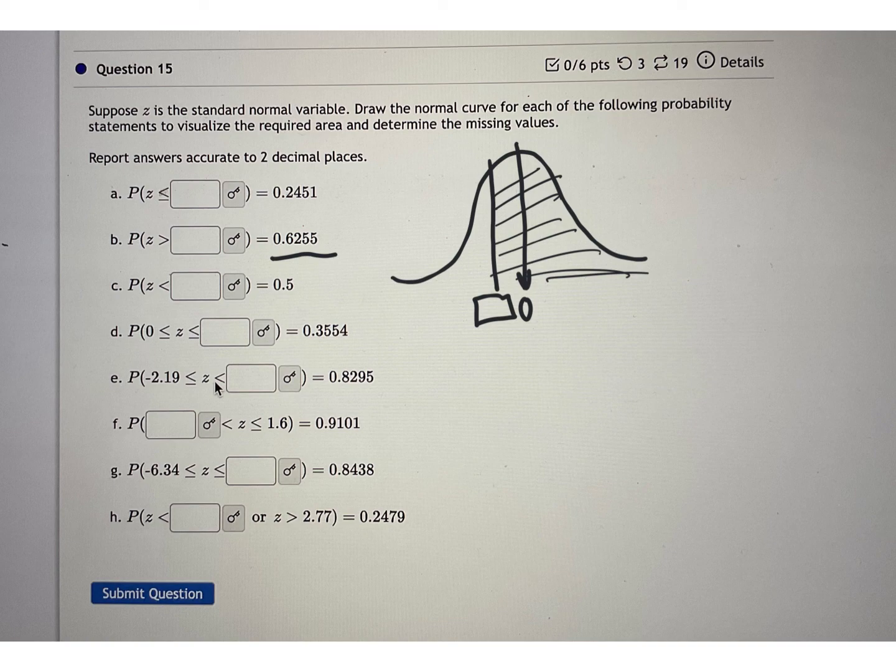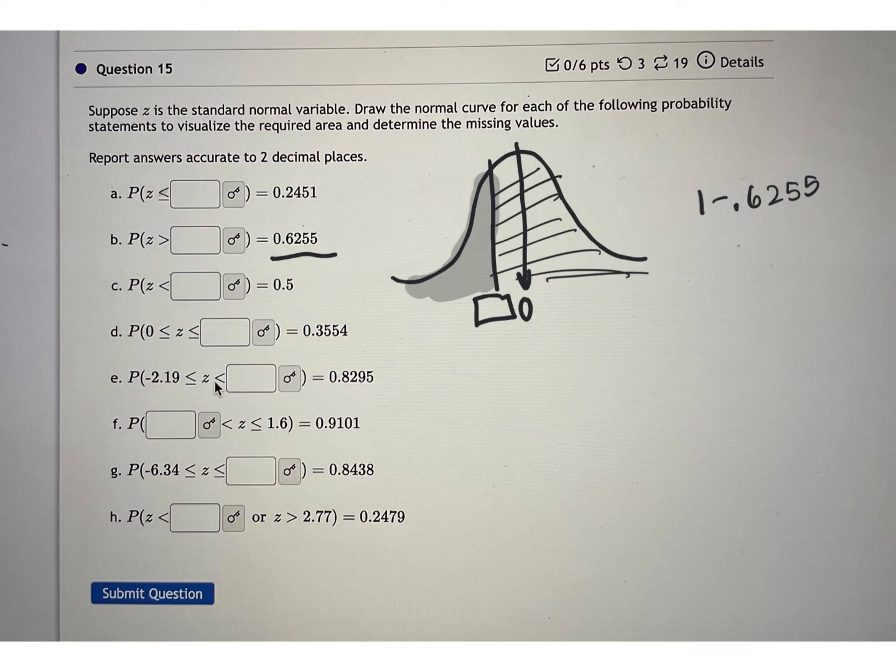Now, if that's 62% here, and I want to know what area is to the left of that, that's this area over here. So to the left of that, I'm looking for that area. So that would be 1 minus 0.6255 of the area.